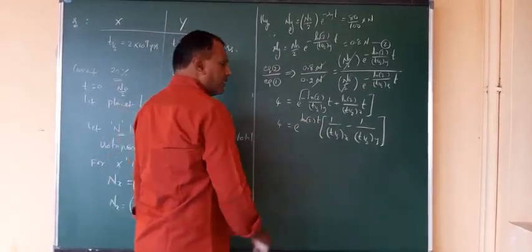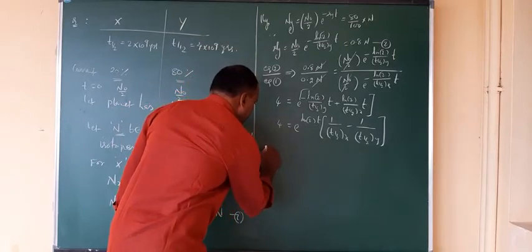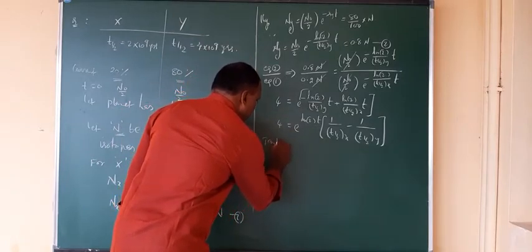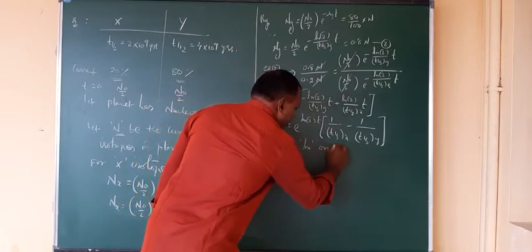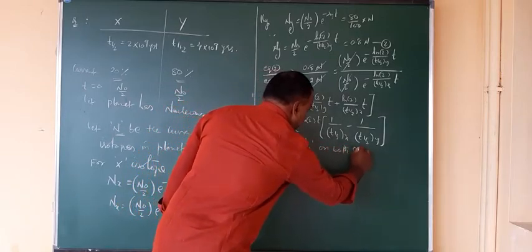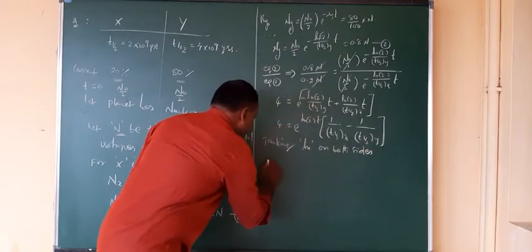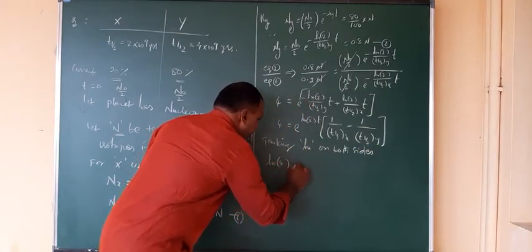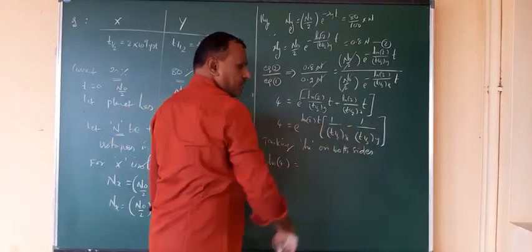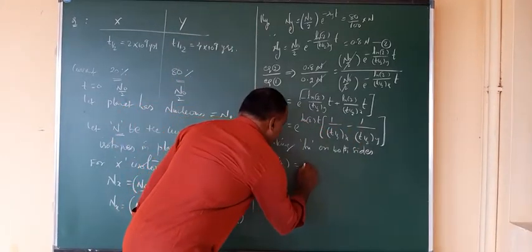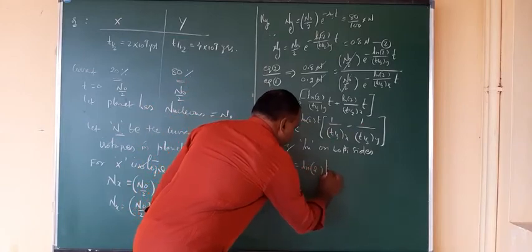Take ln, the logarithm, on both sides. Taking ln on both sides, what you get is ln 4 is equal to, since the exponential of a logarithm gives you just the power, ln 2 into t.